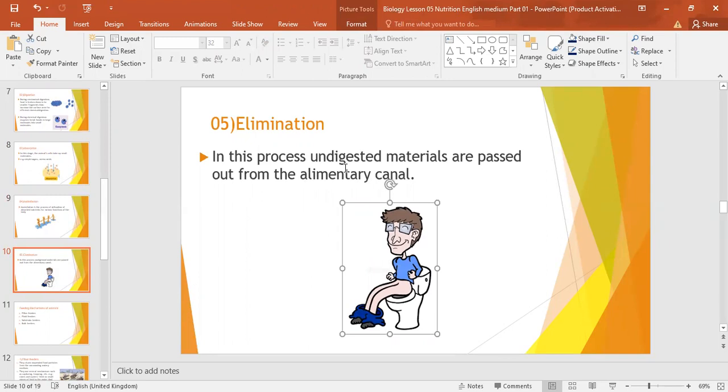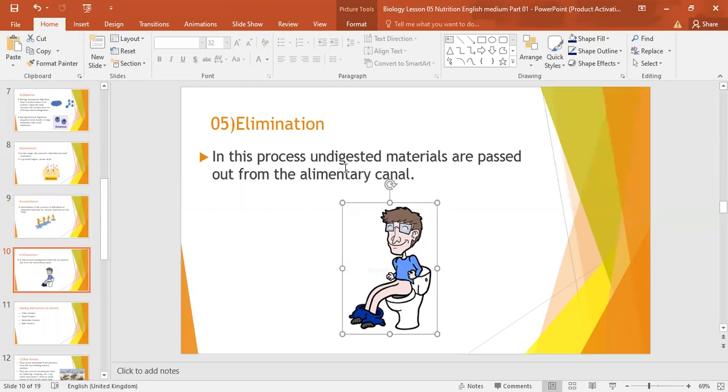You know, feces are not considered as excretory products. Nitrogenous wastes are excretory products. Why? In the elimination, by removing feces, the feces are not excretory products. They are not metabolic.